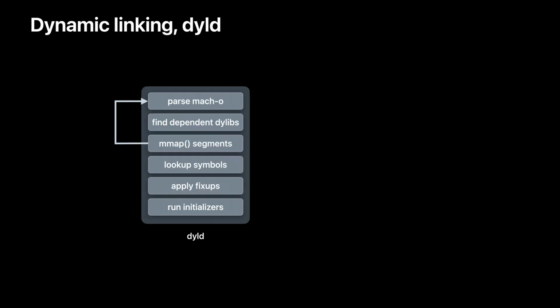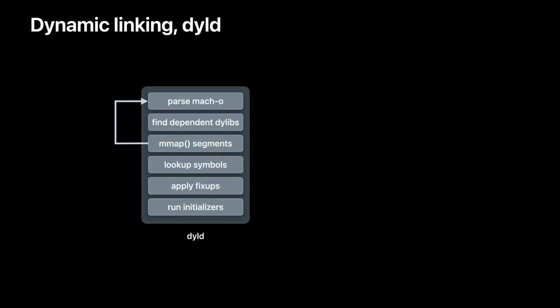And the chained fixup format enables a new OS feature we are announcing this year. But to understand that, I need to talk about how dyld works. dyld starts with your main executable, say your app, parses that Mach-O to find the dependent dylibs, that is, what promised dynamic libraries it needs. It finds those dylibs and mmaps them.